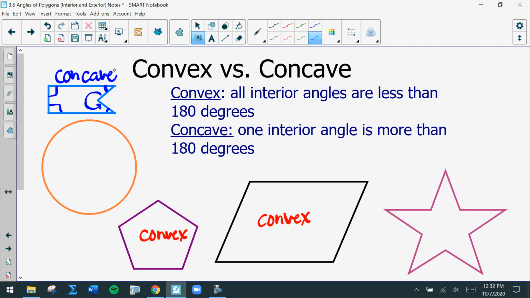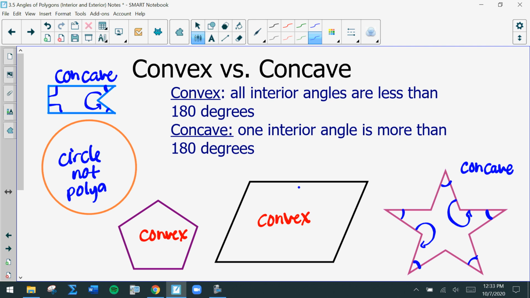Now if we look at the star, we have acute angles all on the outside, but look at this angle, that's more than 180 degrees. Look at this angle, more than 180 degrees. So this is also concave. And a circle is not a polygon, because a polygon is made up of segments.